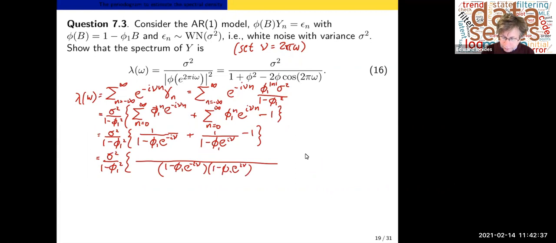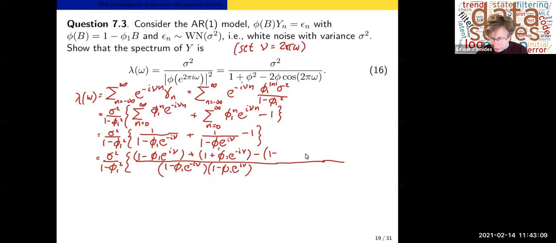And then I have on top a 1 minus phi 1 e to the I nu. And I have a 1 plus phi 1 e to the minus I nu from this term. And then I have the minus 1, for which I need to multiply these two things out. And that gives me 1.